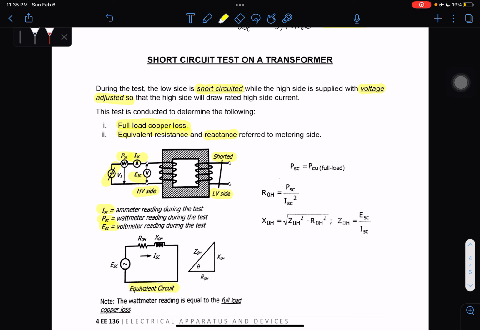We have here the voltmeter reading ESC, and ROH and XOH.